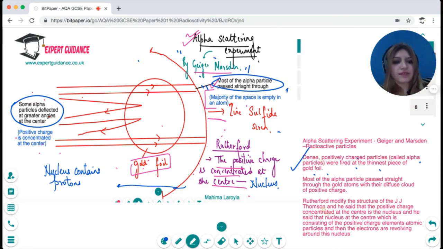Most of the alpha particles passed straight through the gold atoms, unlike what the diffuse cloud of positive charge would predict. Rutherford modified the structure of J.J. Thomson, and he said that the positive charge is concentrated at the center, which is the nucleus, and the nucleus at the center consists of positively charged elements, and the electrons are just outside the nucleus.